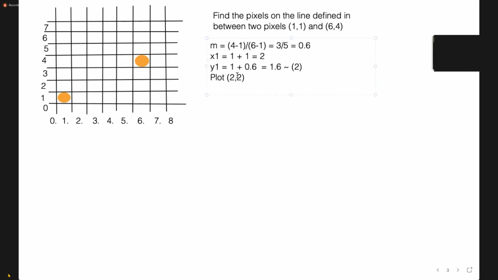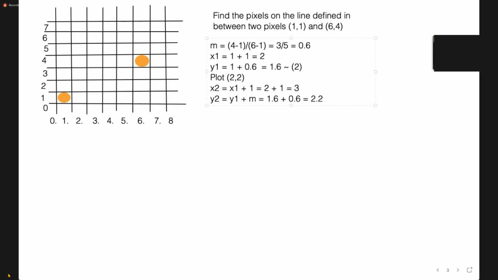Next, again repeat it until here. x2 equals x1 plus 1. You have to increment by 1. x1 is 2 plus 1, that is 3. X is okay. y2 equals y1 plus m. y1 actual value is 1.6, therefore 1.6 plus 0.6, that is 2.2.